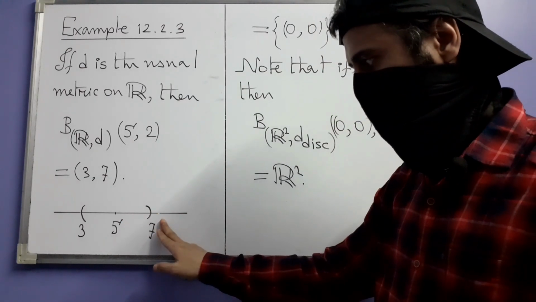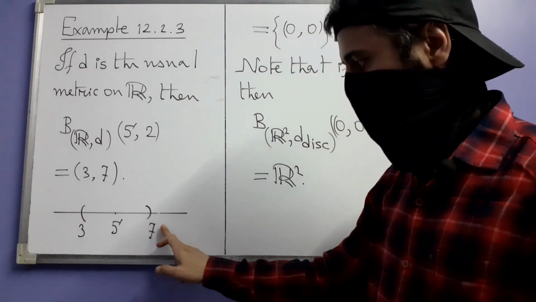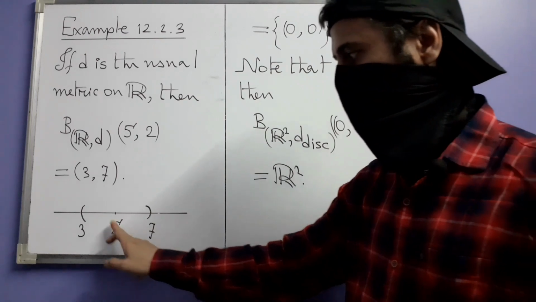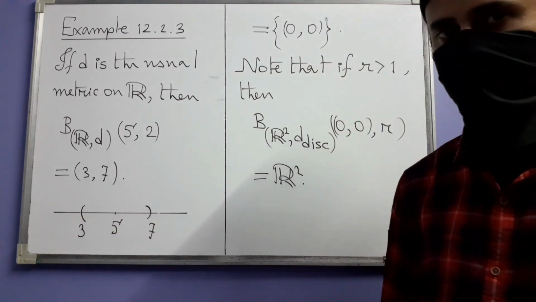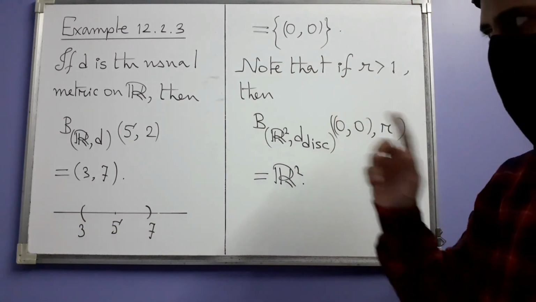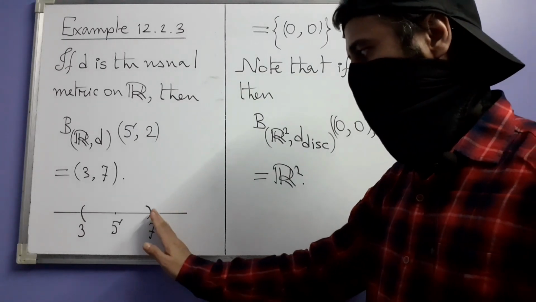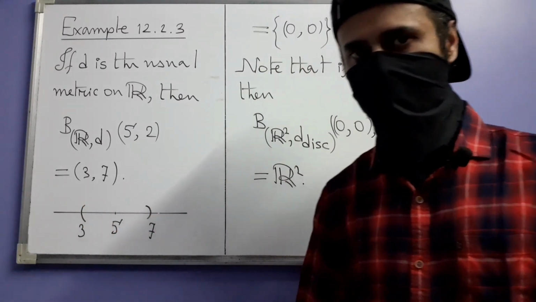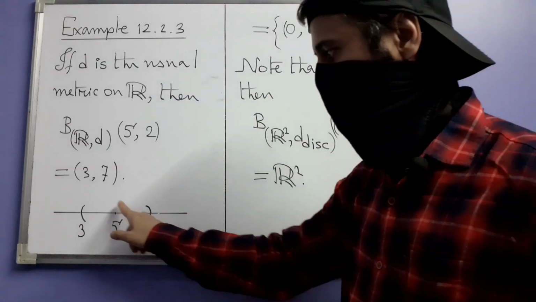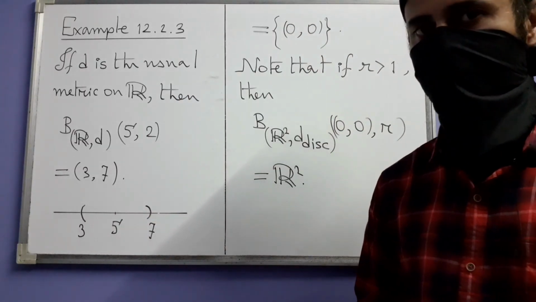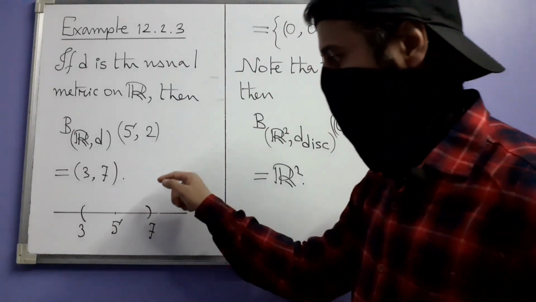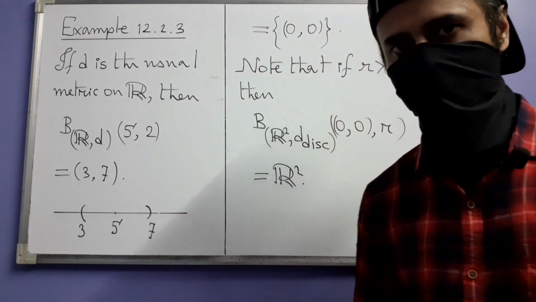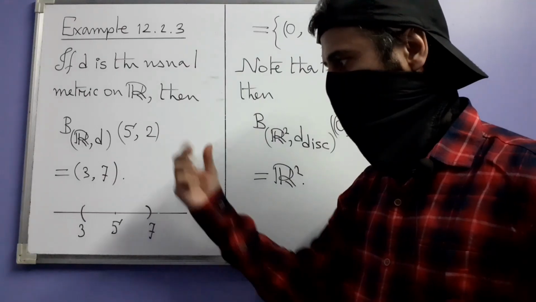So it cannot be 7, because 7 is 2 units away from 5, and so is 3. So 3 is also not a point in this ball, and neither are the points on this side of 7 or on that side of 3. But all points lying between 3 and 7 exclusive have distances from 5 which are all less than 2. So this is this ball.